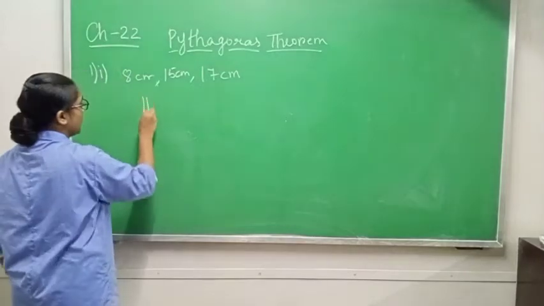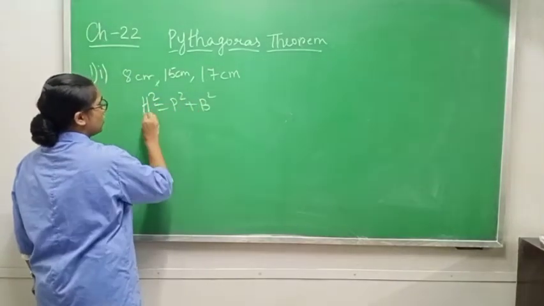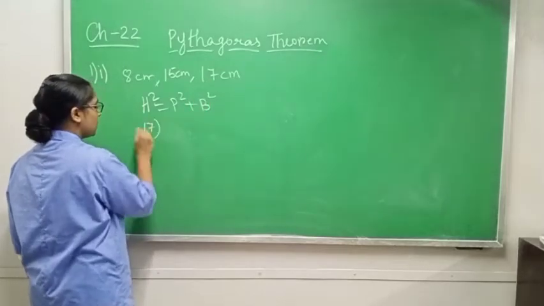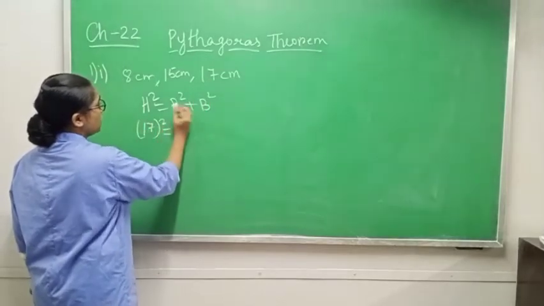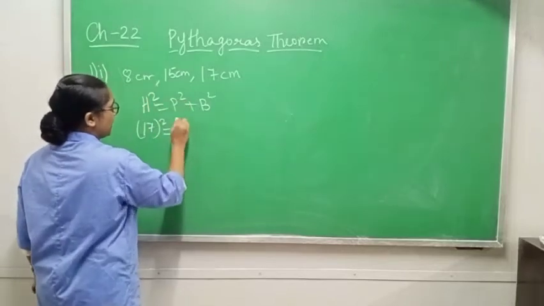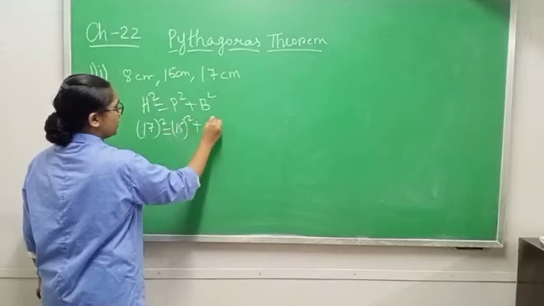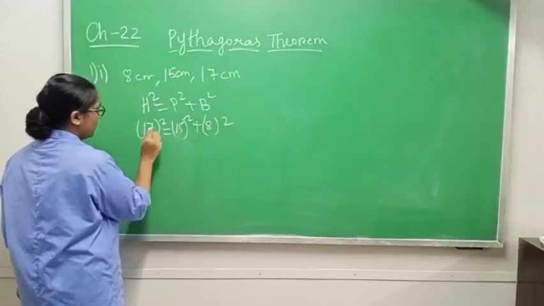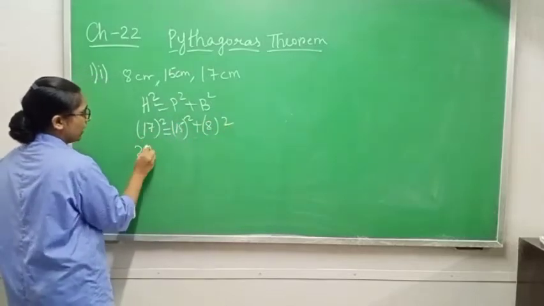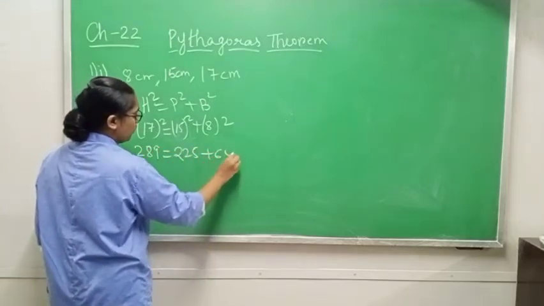So what will you write? h square equals p square plus b square. In case of h, you will write 17 square. In case of p, you can write 15 or 8 because they are not specified. I am writing 8 square plus 15 square. 17 square will give you 289. 15 square will give you 225 plus 64.